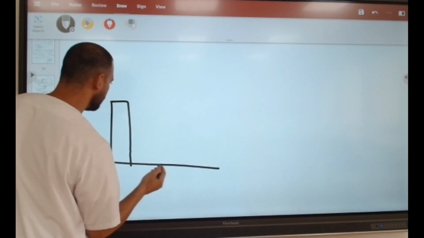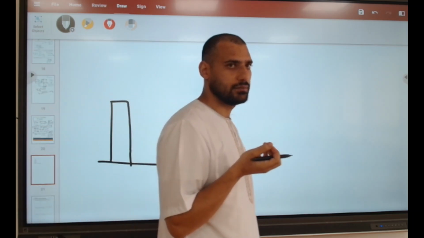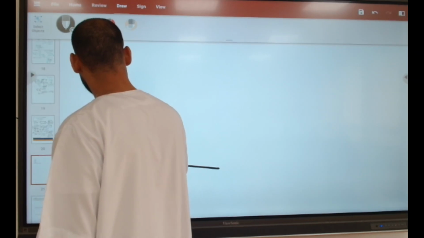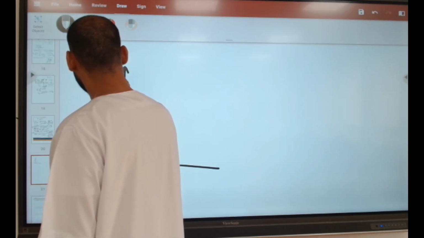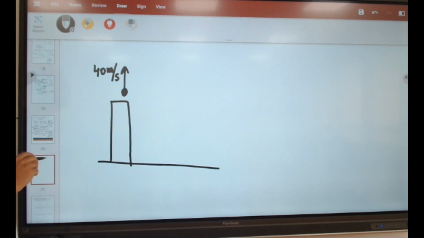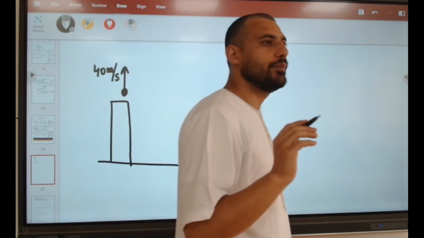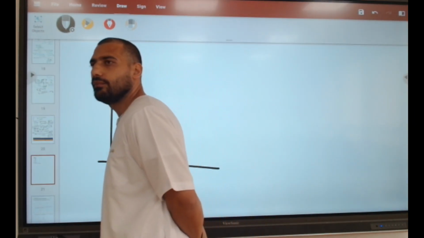A body is thrown vertically upwards with a speed of 40 meters per second from the top of a building.